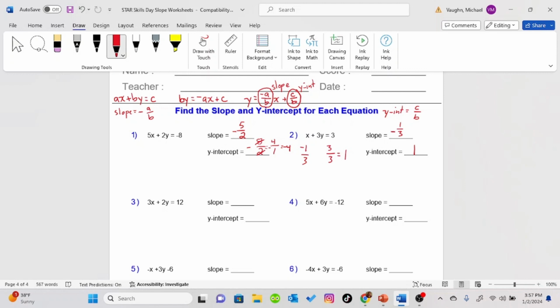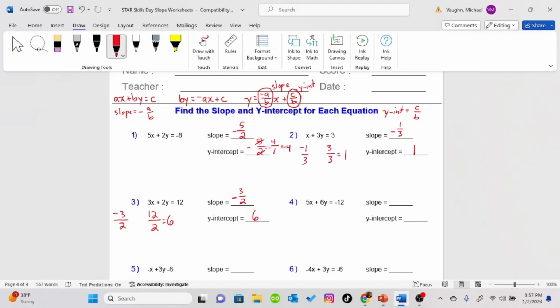For number 3, my slope is going to be negative a, so negative 3 over b, which is 2. So my slope is negative 3 halves. My y-intercept would be c, which is 12, over b, which is 2. And 12 divided by 2 is 6. So my y-intercept is 6.